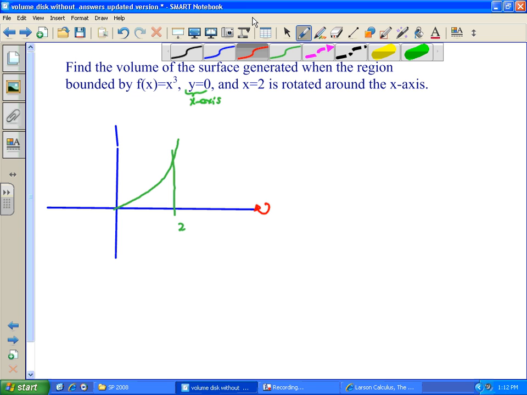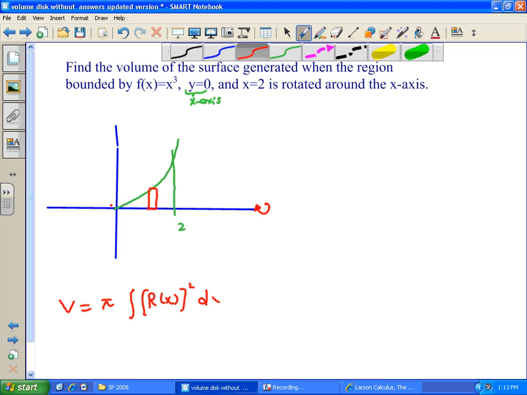For the disk washer method, our rectangle should always be selected perpendicular to the axis of rotation. So pick a rectangle that is perpendicular to the axis of rotation. Basically, whatever this function is, that's your r of x, right? And the volume formula was volume equals, there is no hole in this region, pi times the integral of r of x squared dx.